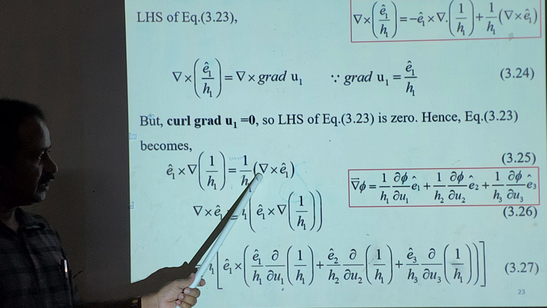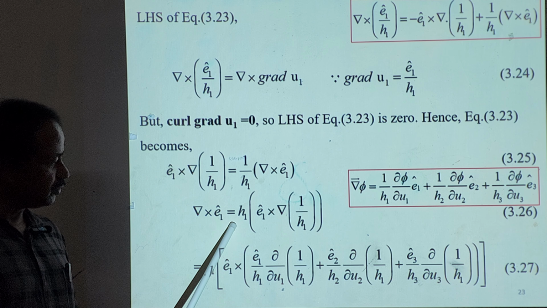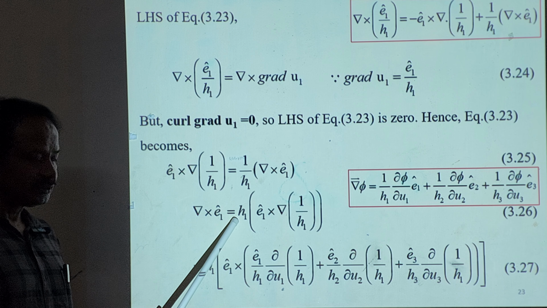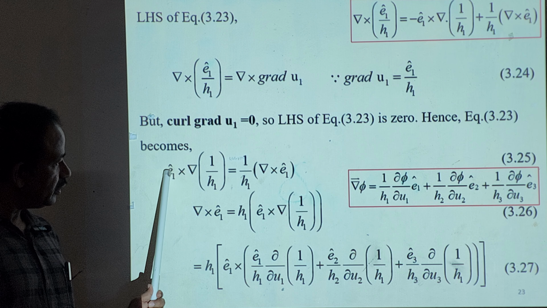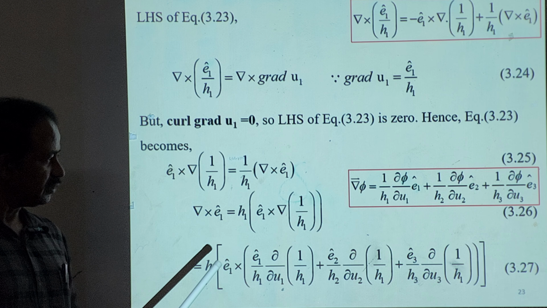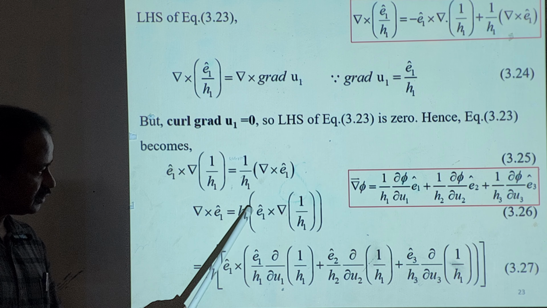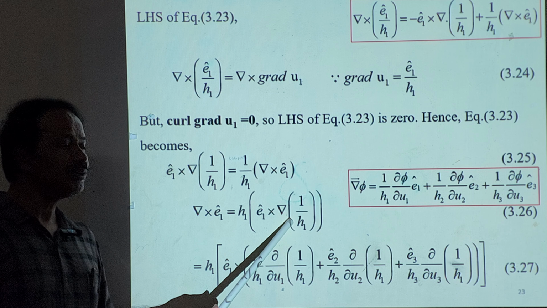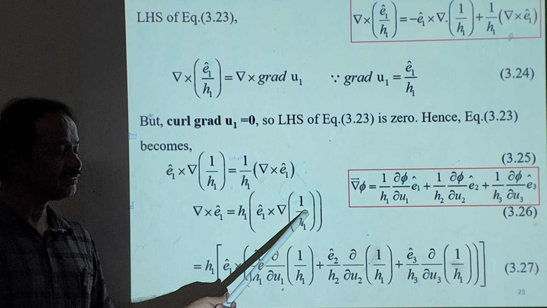Is it okay? E1 is here. Del 1 by H1 is nothing but gradient of 1 by H1.